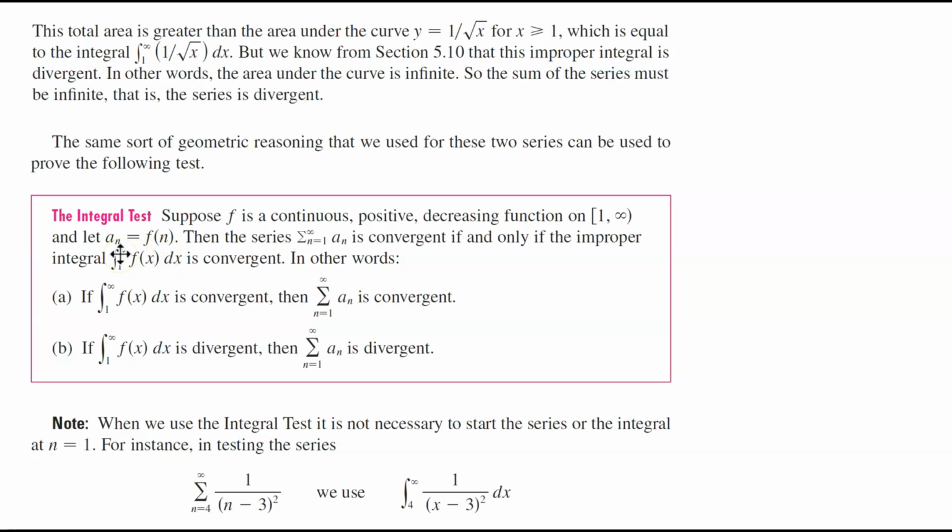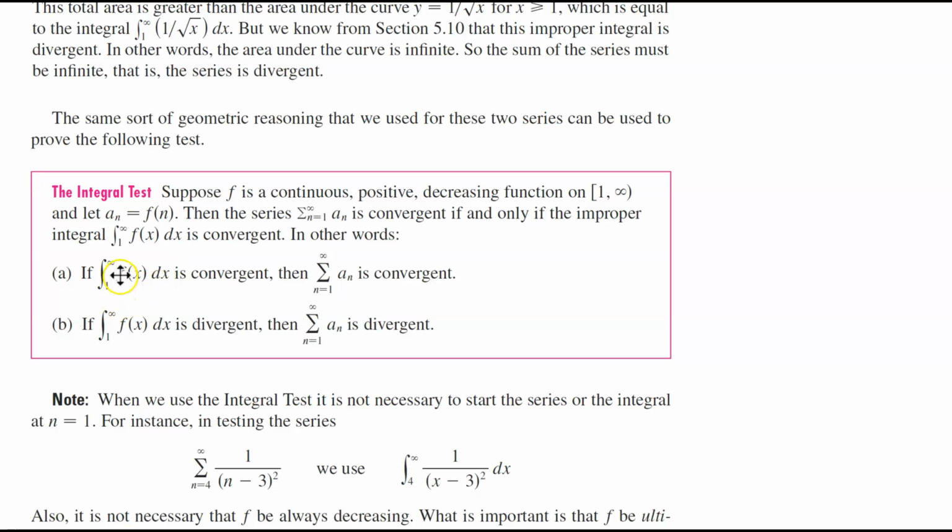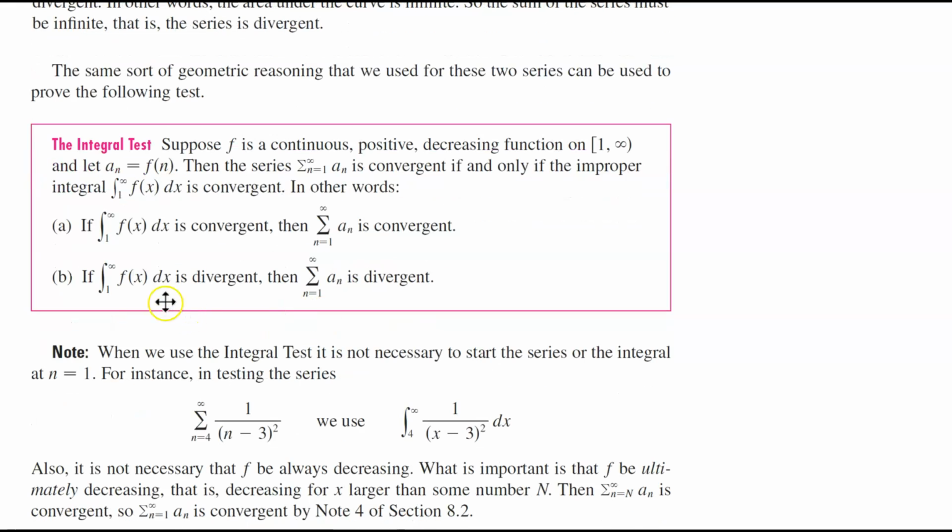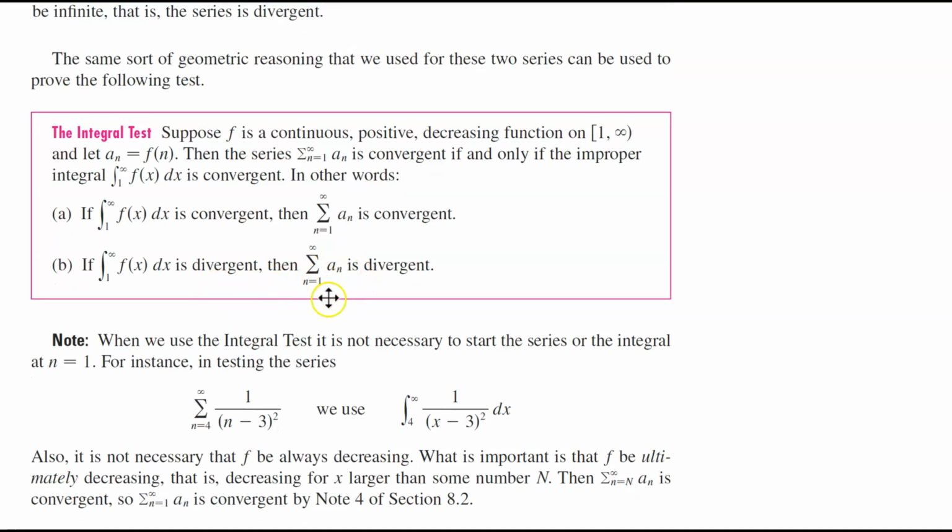Then the series, the summation from n equals 1 to infinity of a sub n, is convergent if and only if the improper integral from 1 to infinity of f of x dx is convergent. So in other words, if the integral from 1 to infinity of that function is convergent, then the series is convergent. If the integral from 1 to infinity of that function is divergent, then the series is divergent.